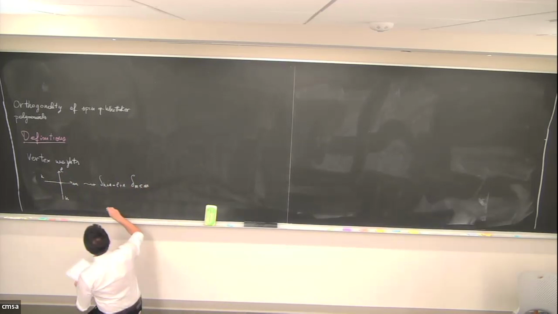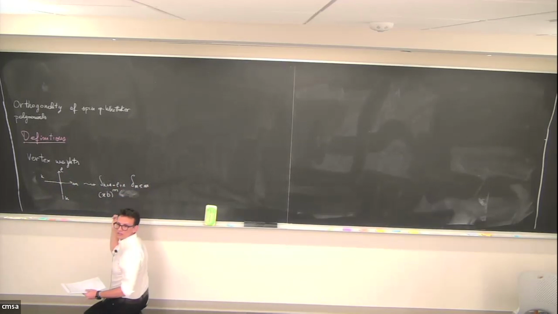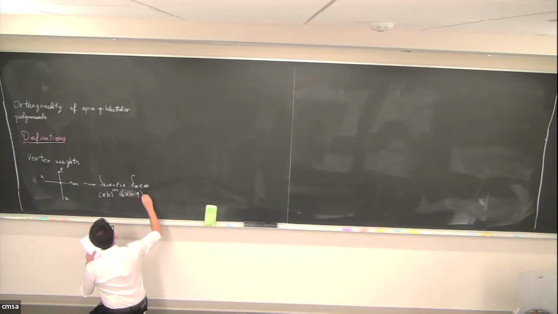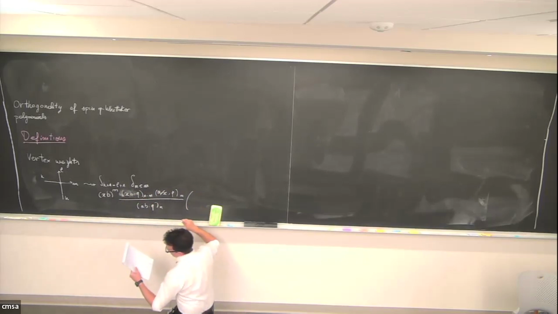And then there is a factorized expression: x times b to the power m, then (x b)-q-Pochhammer symbol of n minus m, a divided by x, q to the power n, a, b, q, n, and then there is a q-binomial factor, n choose m, q.